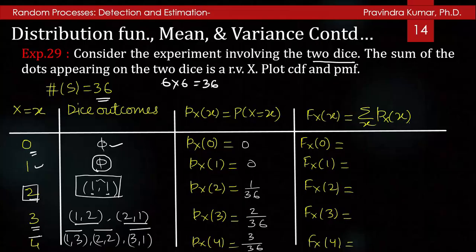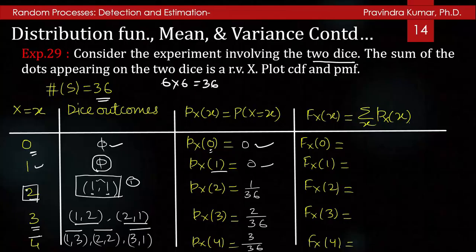So the PMF at x equal to 0 means the probability when x is equal to 0, or the probability of the null set, is 0. And the probability when the random variable x has the sum of dots equal to 2, this is only one favorable event here.